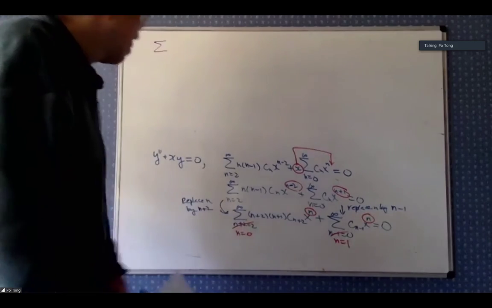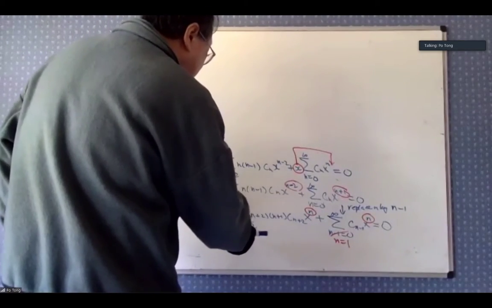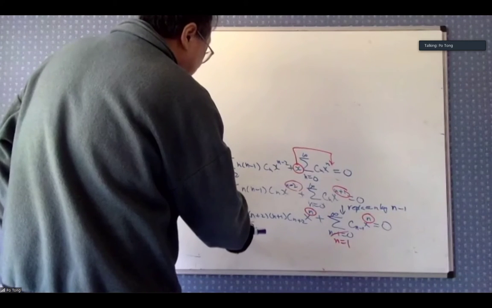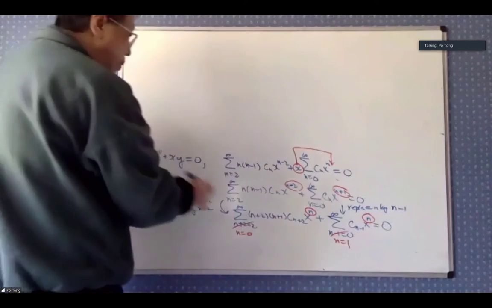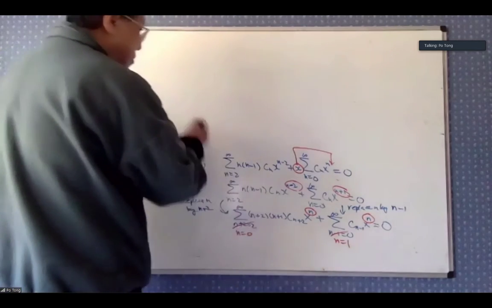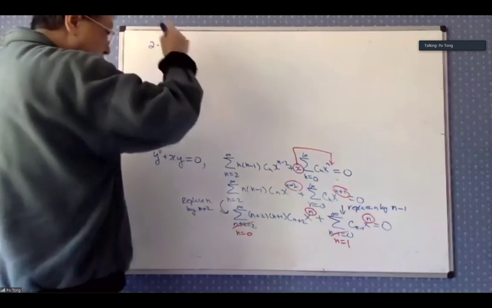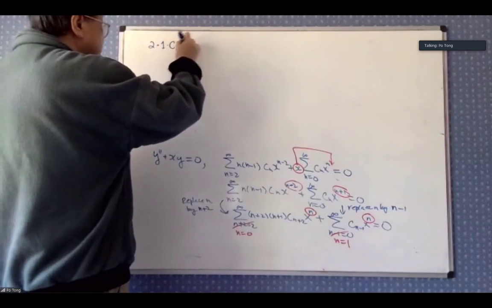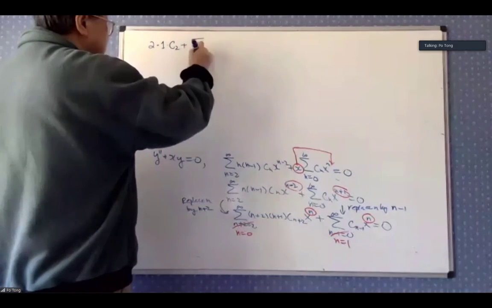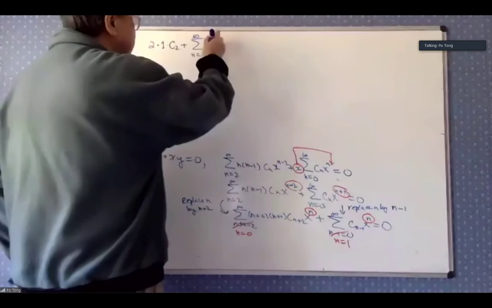If I take the first term out here, n equal to 0. What happens when n equal to 0? That guy will be 2 times 1 times C2, plus the sum from n equal to 1 to infinity of this whole chunk of stuff.